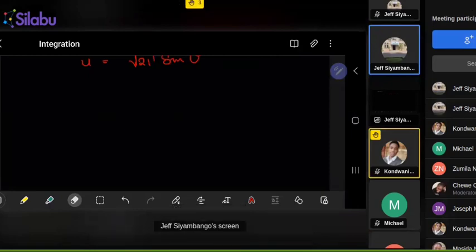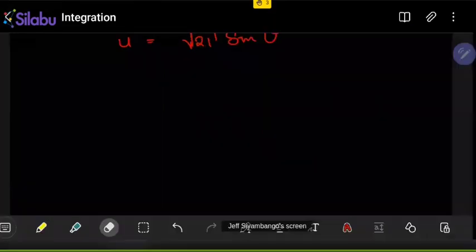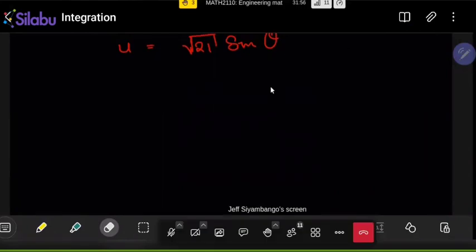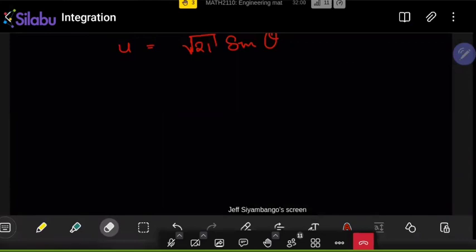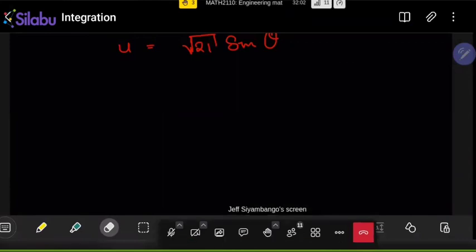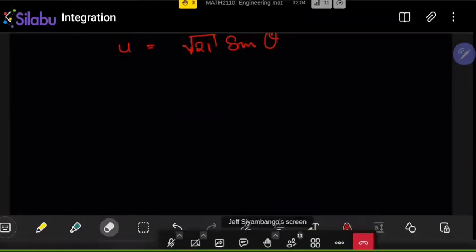So I wanted to show you guys that. The next thing that we want to look at are integrals that you evaluate by using partial fractions. So let's set the groundwork for those types of integrals.